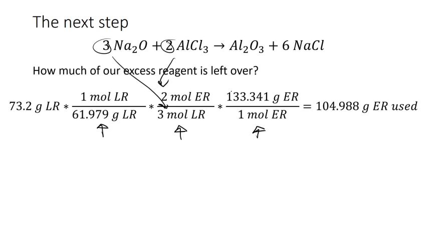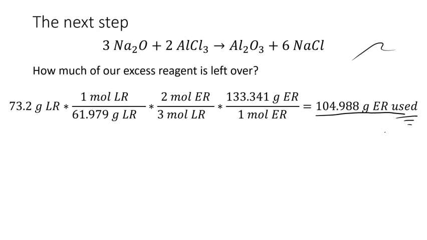Then we convert from moles to our desired unit, just like any other time, where we're using the atomic mass of our compounds. And so in the end, what we get is a number that tells us how much of our excess reagent was used up. So it's very important that this is how much was used up, because if we want to find out how much is left, we then need to subtract.